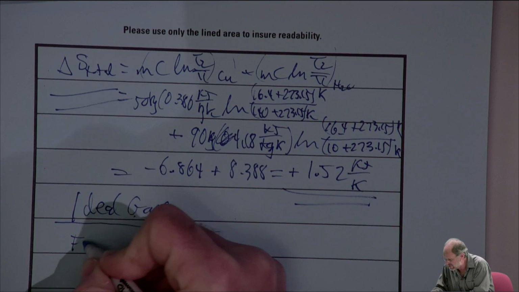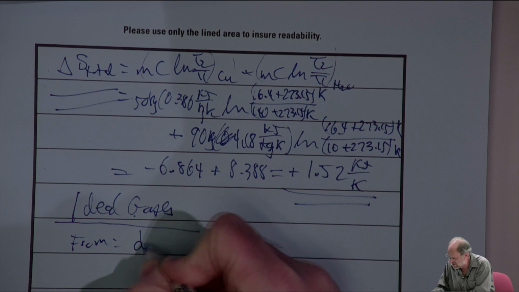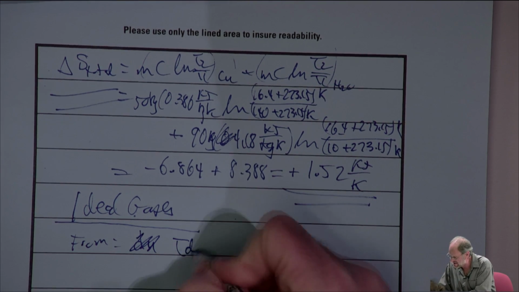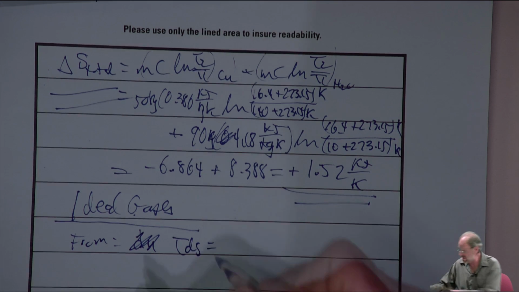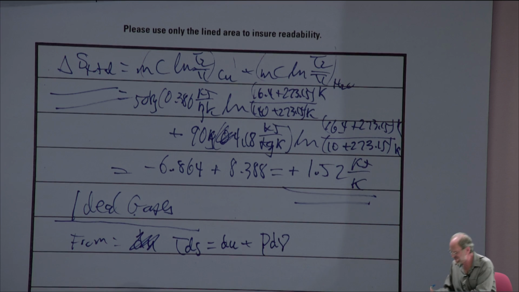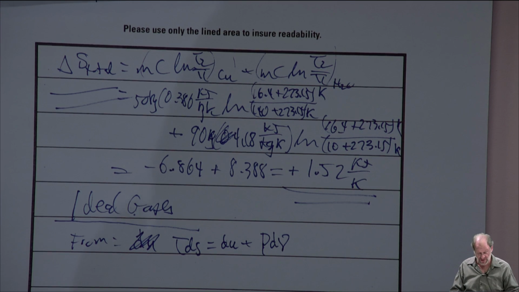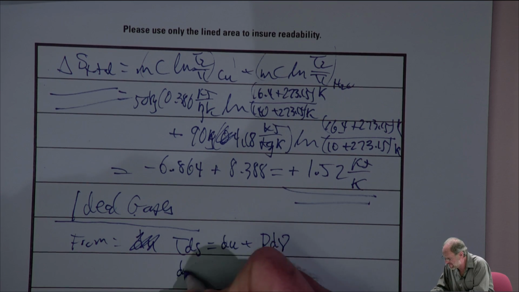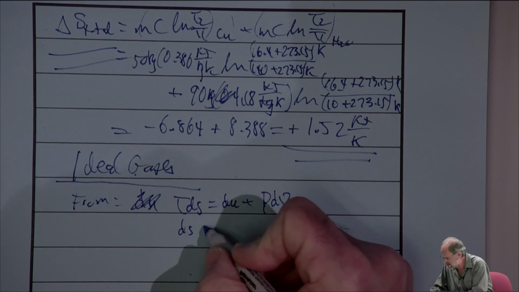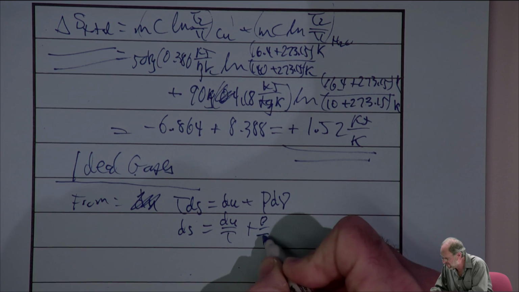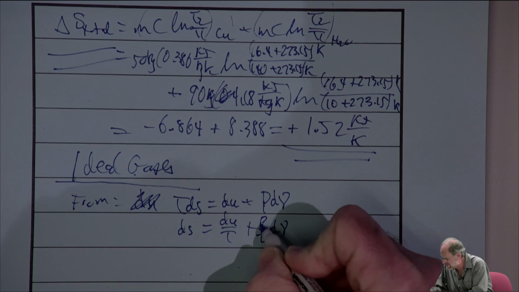So what I want to do is start with the one that says TDS is equal to du plus p dv. So this is what I want to start with. Now, first, let me just divide by temperature. So I get ds equals du over t plus p over t dv.